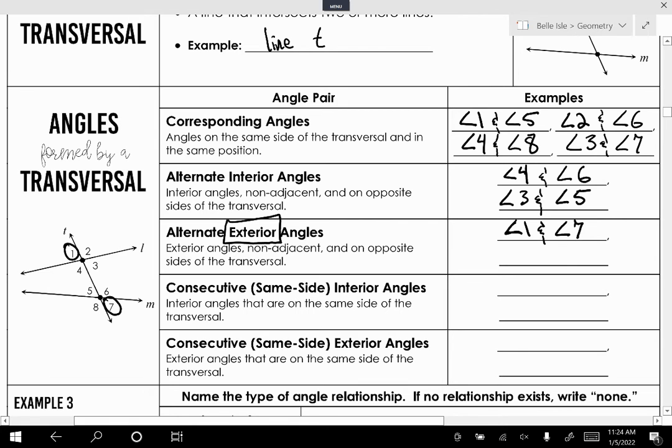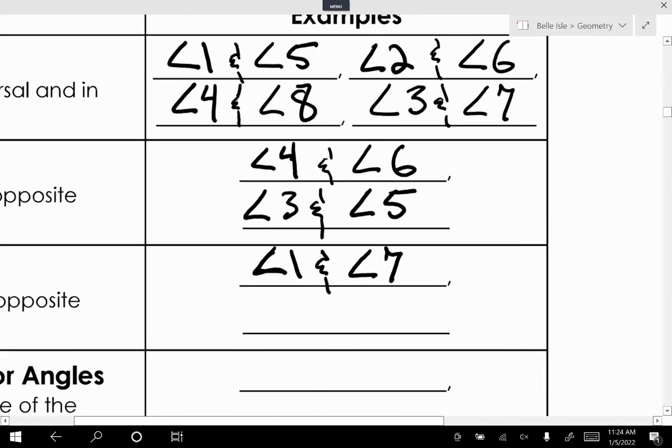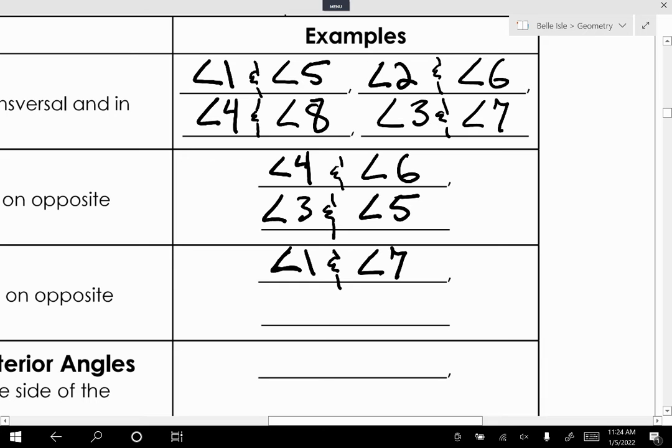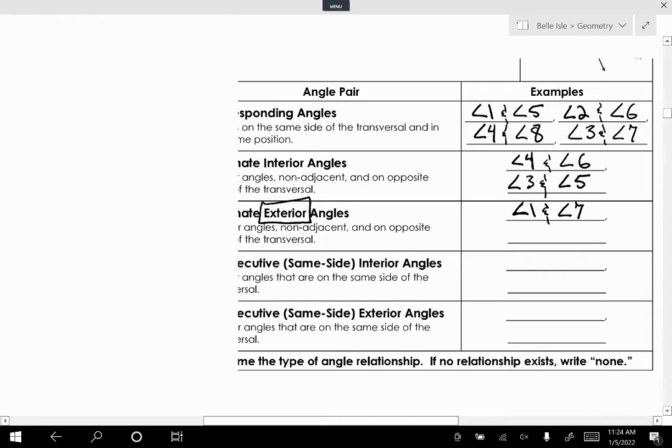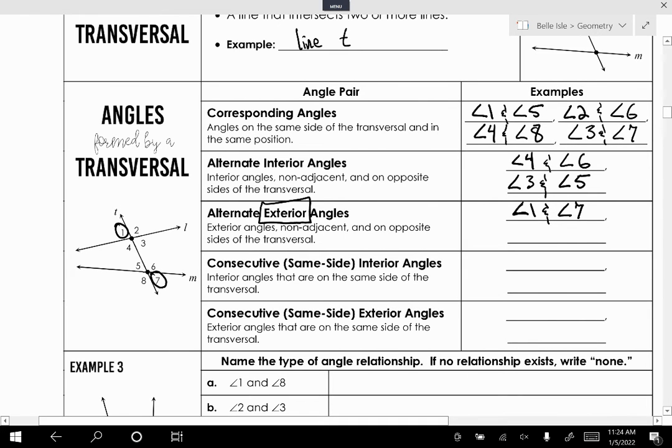So if you look up here, 4 and 6 and 3 and 5 are on the interior line. 1 and 7 we have as exterior.